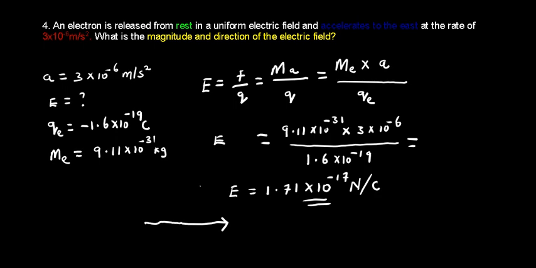Since this is a negative charge and the force is going this way, the electric field is going to go in the opposite direction, which is west. Is that understood now? So if you paid attention earlier, you will understand that the force goes in the east direction.